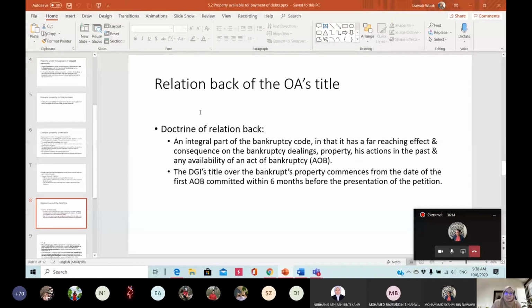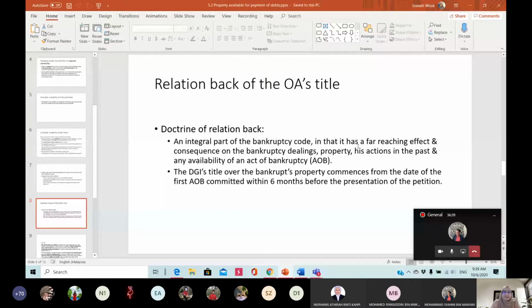Okay, so the name of the principle, or the doctrine, is the doctrine of relation back. Yes, let us see what relates to what. Yes. So this is an integral part of the bankruptcy code in that it has a far-reaching effect and consequence on the bankruptcy dealing, property, transaction in the past, and any availability of an act of bankruptcy.